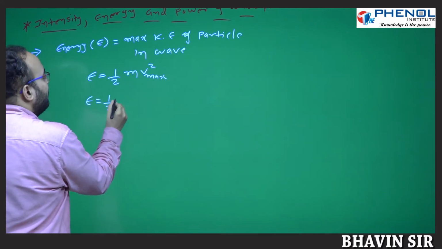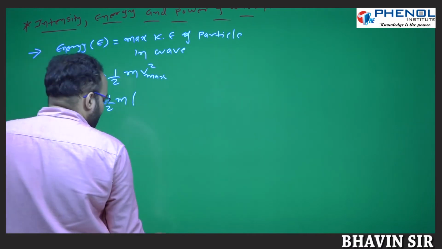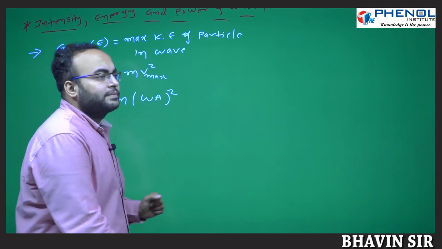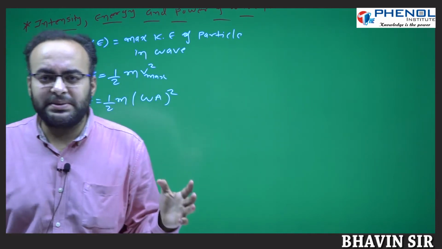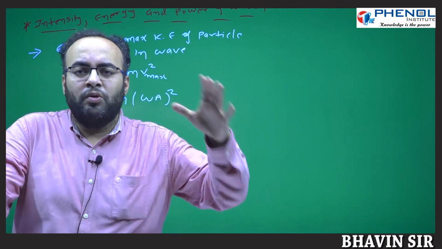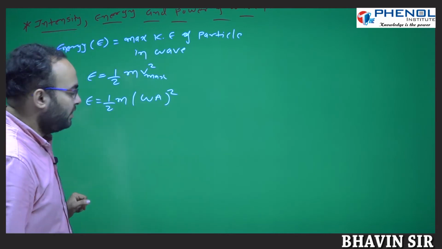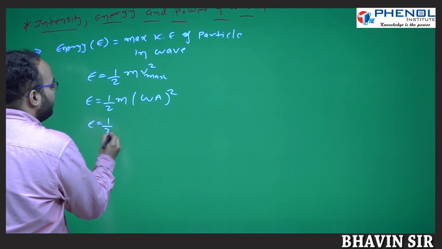And what is the maximum speed, students? Omega a. So that is omega A. So now open the bracket.